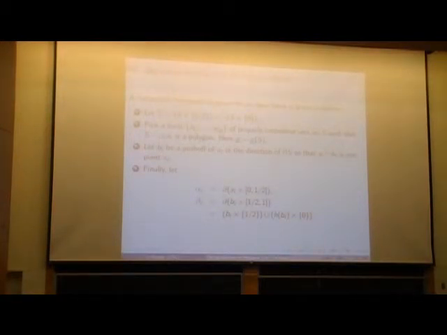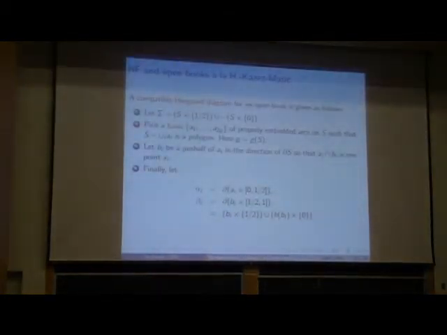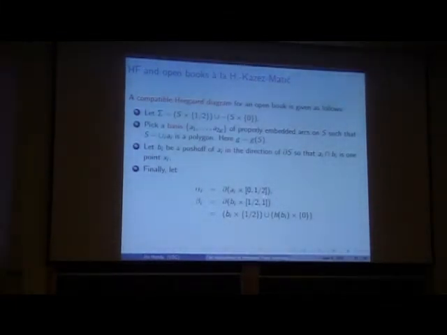If you're a Heegaard Floer aficionado, you've seen me do this many times, so just switch your brain off. You push the arc in this way, and you get some standard-looking intersections. Like this is x1 and this is x2. Now you take alpha_i to be the boundary of Ai cross [0, 1/2], and beta_i to be the boundary of Bi cross [1/2, 1].